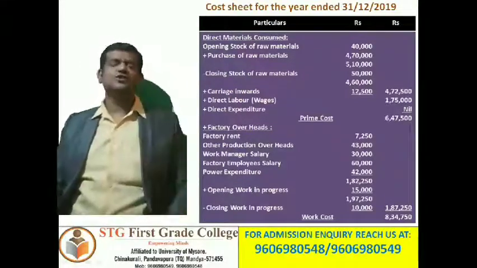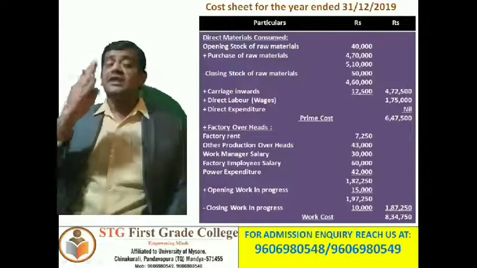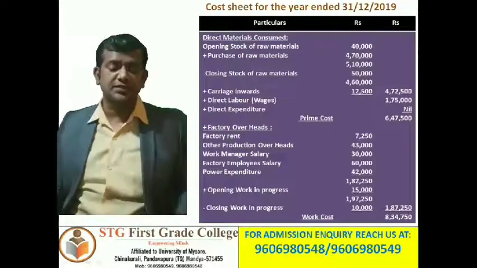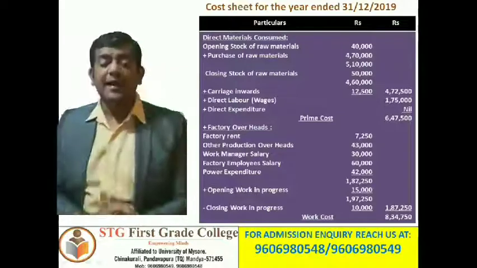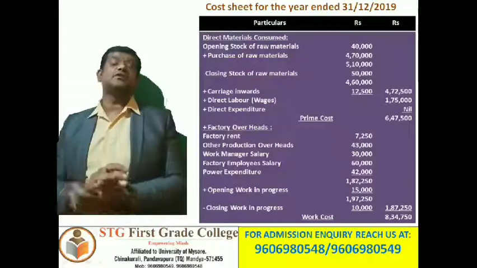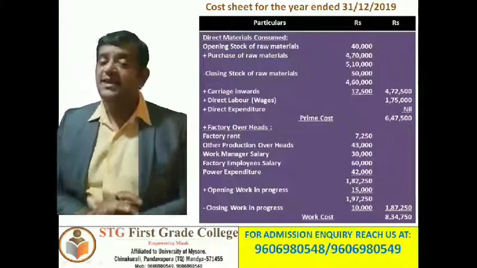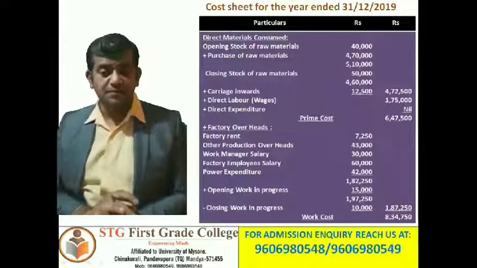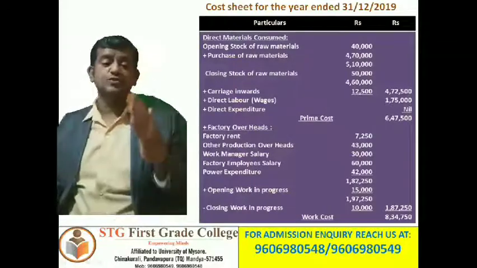Less closing stock of work in progress. So deduct the closing stock of work in progress. How much? 10,000 rupees. So in the outer column, 1,87,250. We have got the total of factory overheads, that is 1,87,250 rupees.